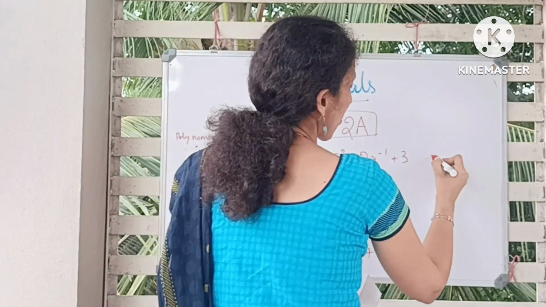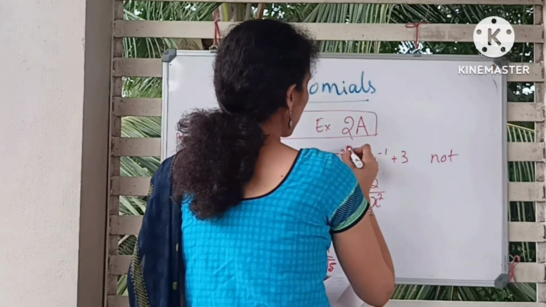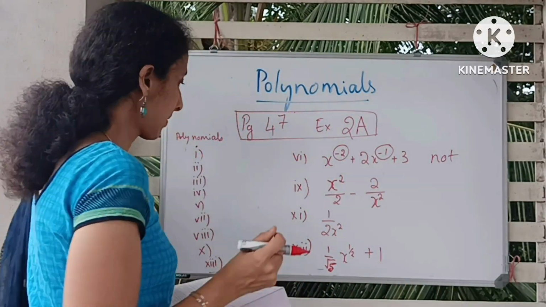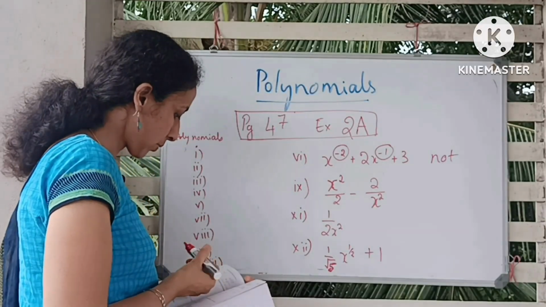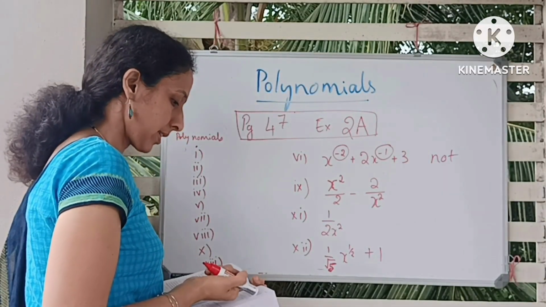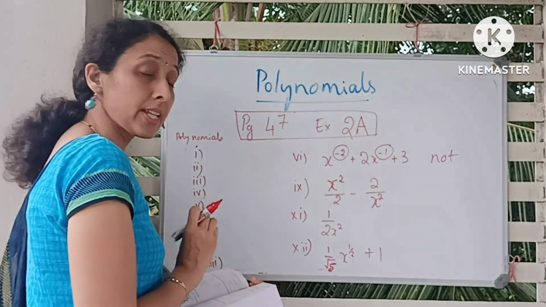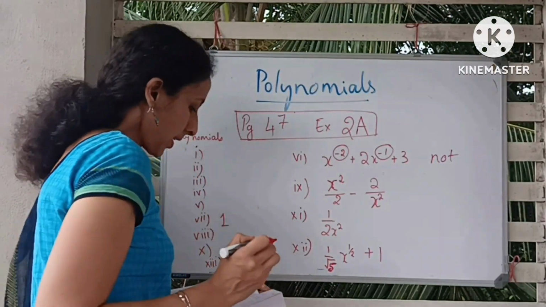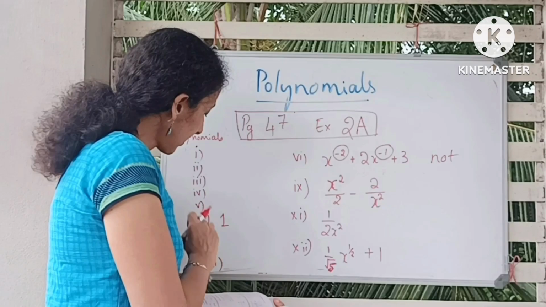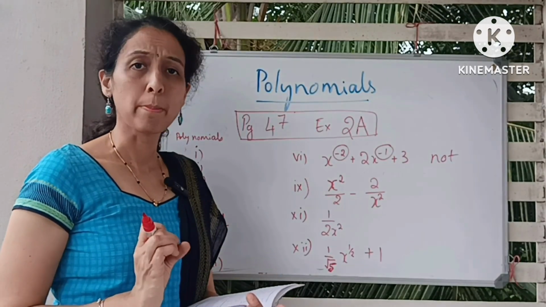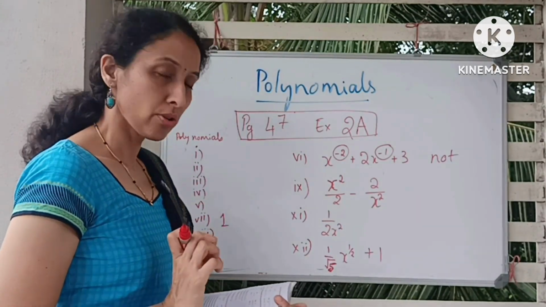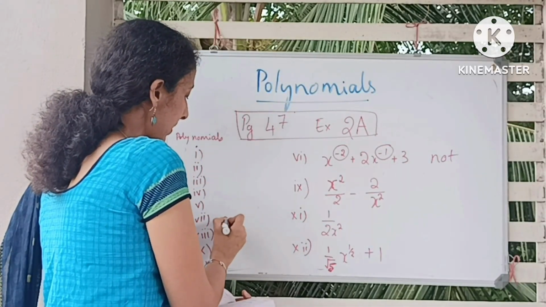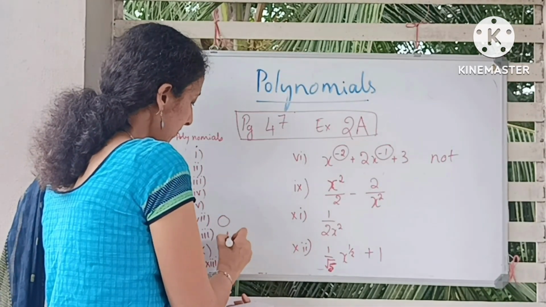This is not a polynomial because it has negative integers. And the seventh one is a polynomial of degree 0 because it is a constant term, it is 1, and similarly the eighth one, which is minus 3 by 5, is also a constant, that is also a polynomial of degree 0.